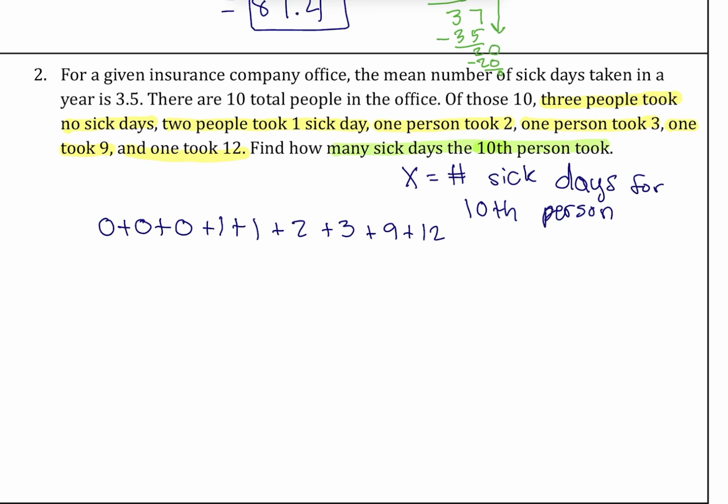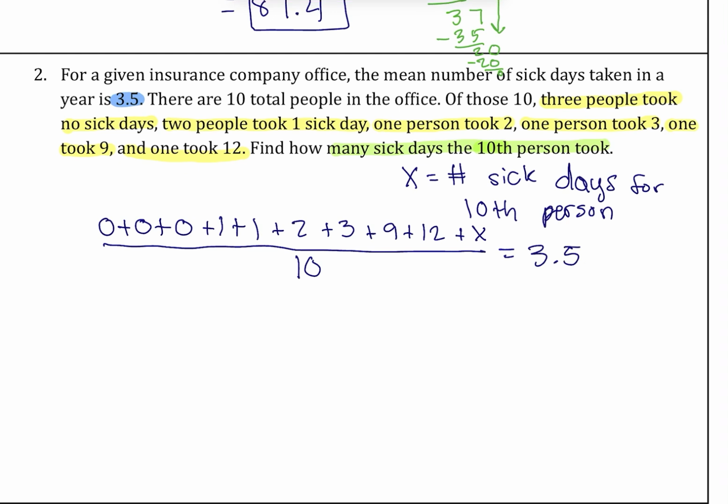Since we don't know the 10th person and we have the variable x to represent that, we're going to add x for the 10th person. Then we need to divide by the total number of people, which is 10. And we know that that is equal to 3.5. We're given that 3.5 is the mean, so we set that entire expression equal to 3.5.